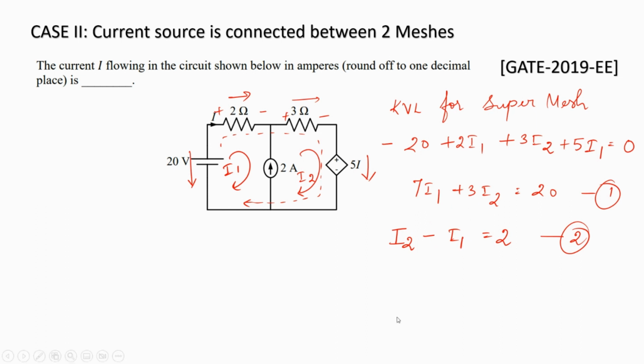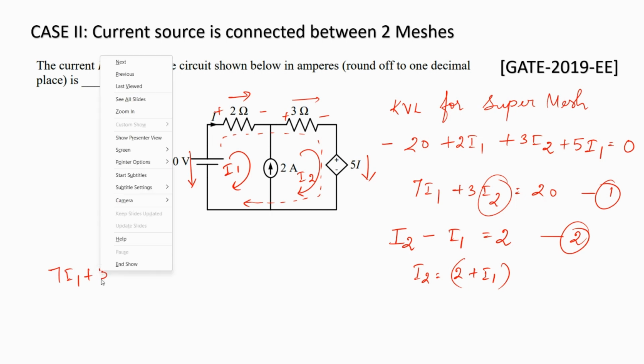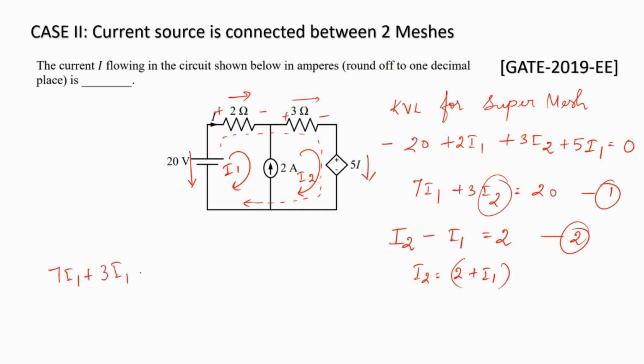So simplifying this, we can replace the value of I2 in the first equation. So we can say that I2 is equal to 2 plus I1, and this we will replace over here. So what we get is 7I1 plus 3I1 plus 6 is equal to 20, or 10I1 is equal to 14, and therefore I1 is equal to 1.4 amps.